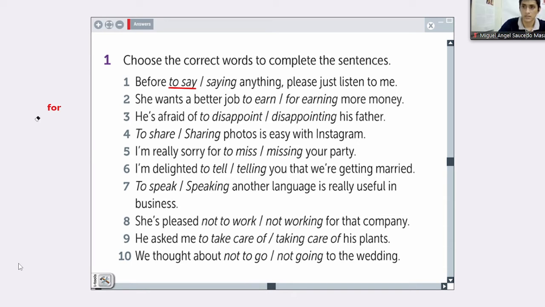Yes, why, Miguel? Es for saying. For saying, decimos, ¿no? For saying. Okay, but why for saying? La palabra for, ¿a qué grupo de palabras pertenece?